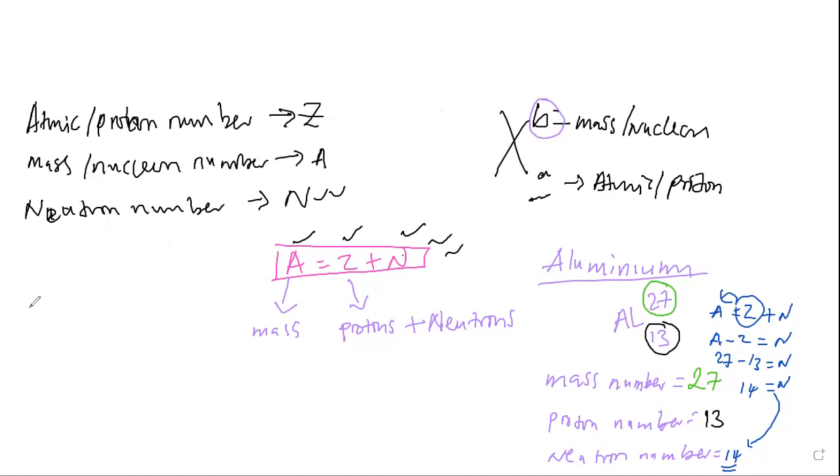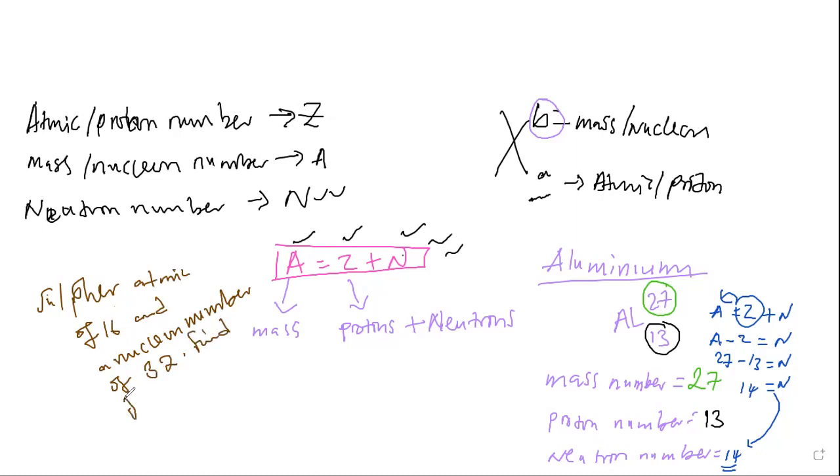They'll ask you something like, okay, sulfur has an atomic number of 16 and a nucleon number of 32.